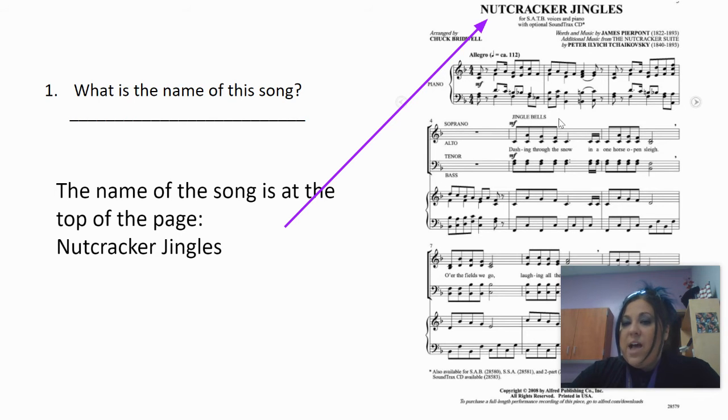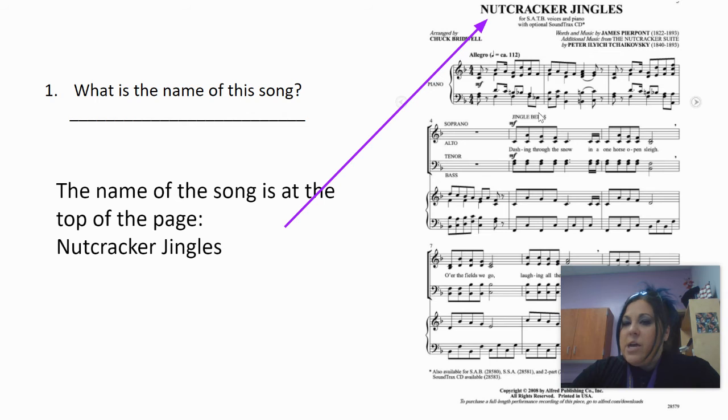Why they have that there: sometimes we might have a medley of songs, like for example, if we have a Christmas Carol medley, and that's what the song title is. Well, a medley means it's several different pieces put together to make one song. So maybe we start with Jingle Bells, and then the next carol that we sing within that carol collection is Santa Claus is Coming to Town.